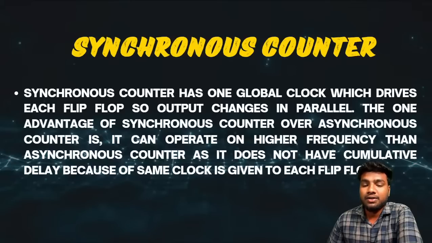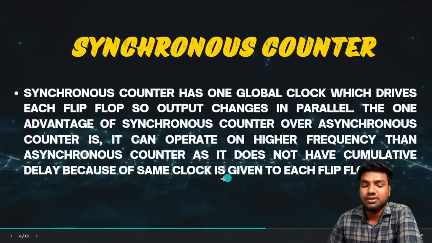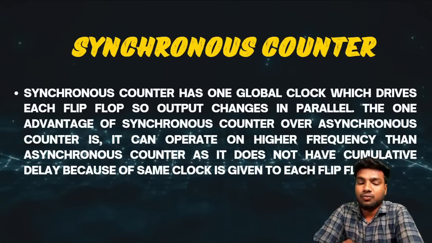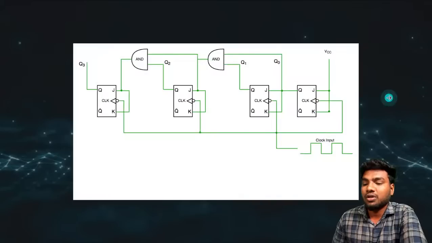One advantage of a synchronous counter over an asynchronous counter is that it can operate at a higher frequency. It does not have any cumulative delay because of the same clock, so there is no delay here. Why?